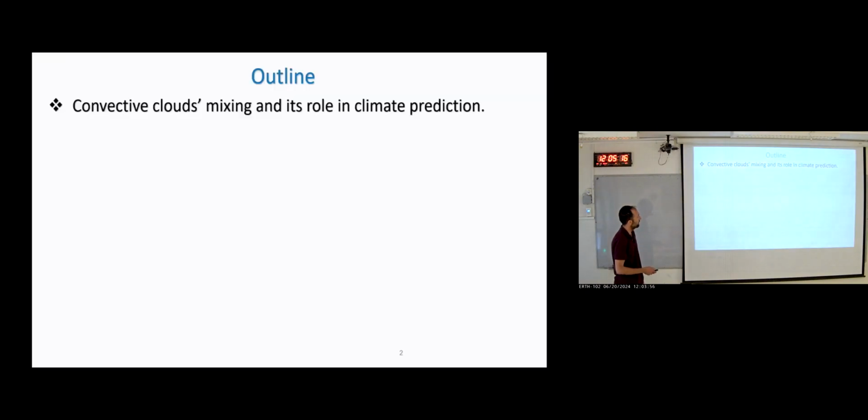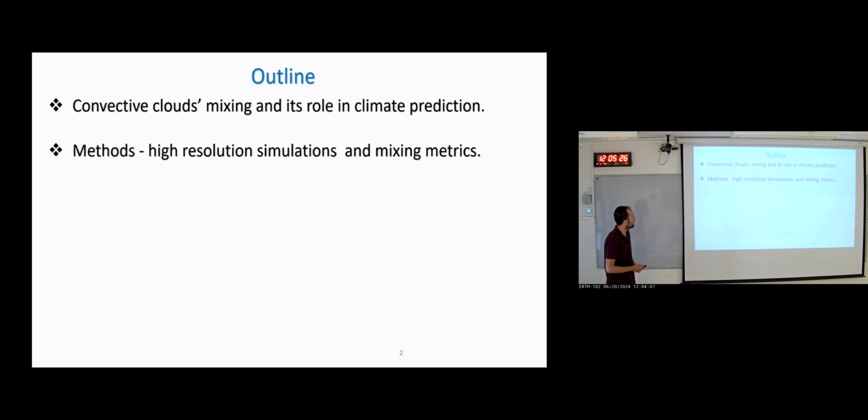So the outline for the talk will be that I'll first give some introduction to convective clouds mixing and its role in climate prediction and in climate models. Then I'll talk about the methods we were using in order to try and understand clouds at the process level, the mixing of shallow Cumulus clouds, and then see how that can be related to the parameterization and how these clouds are being treated in climate models.